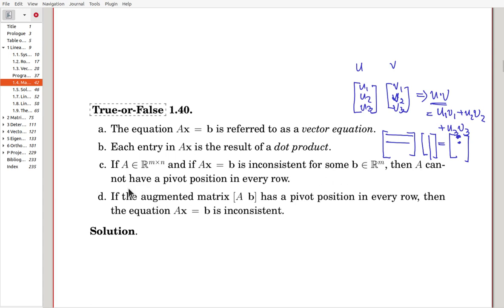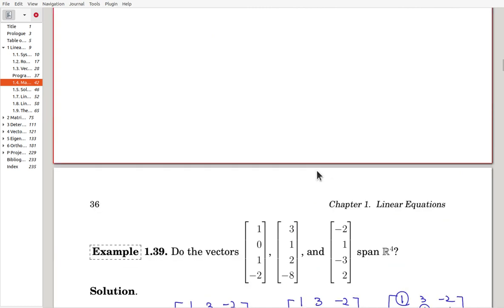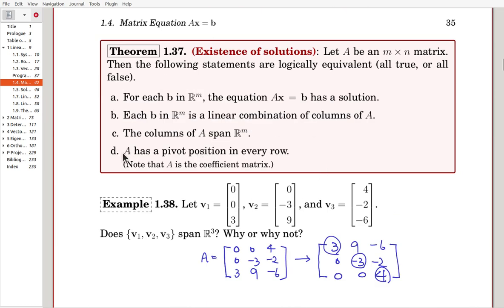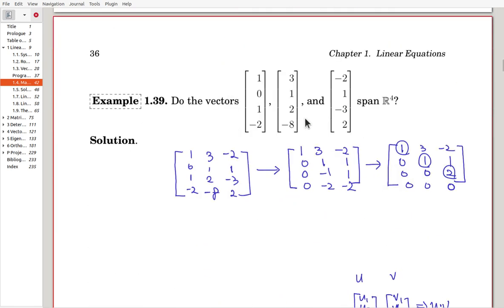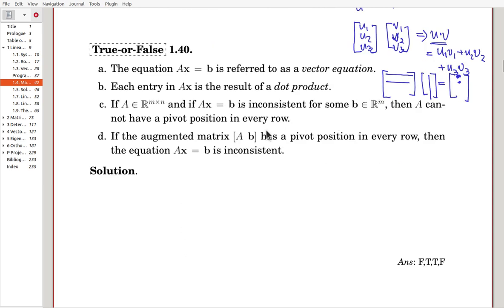If A has a pivot position in every row, then for every choice of B, it must be consistent. That is coming from this theorem: if A has a pivot position in every row, then for every choice of B this system has a solution, so it is consistent. So C must be true.